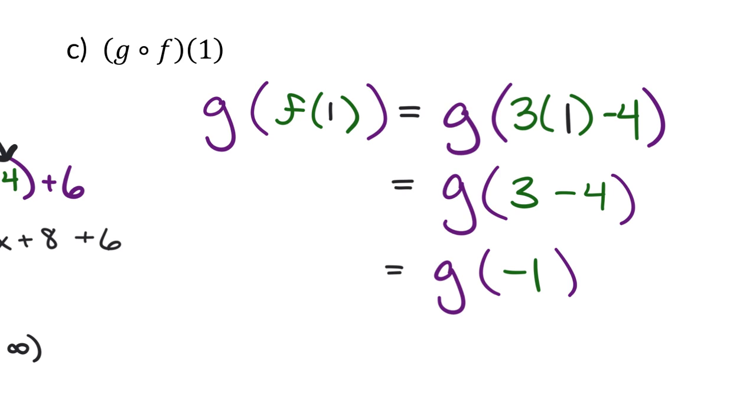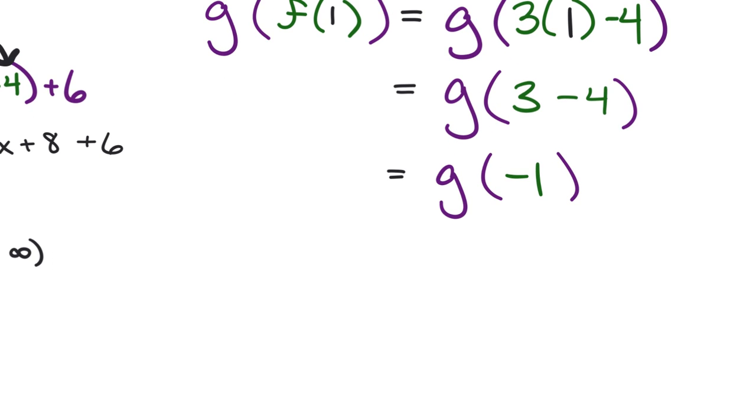But since it's already inside those parentheses, g of negative 1 just tells me to plug negative 1 into the g function. So I'm just going to do exactly that. We're going to do negative 1 squared minus 2 times negative 1 plus 6.